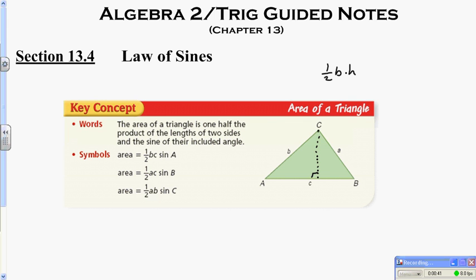But for the area of a triangle, we can find the area if we know two sides and the sine of their included angle. So to be clear about that, we would have to have two sides and an angle in between. If we know that, that's called side angle side, and we can find the area of that triangle.